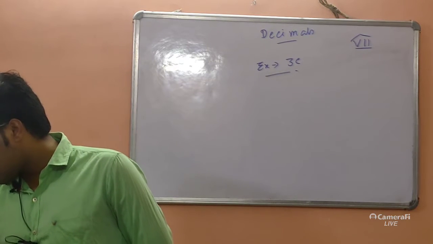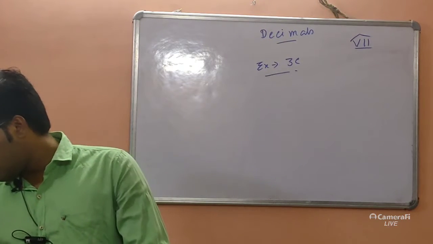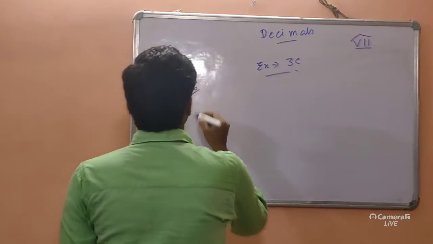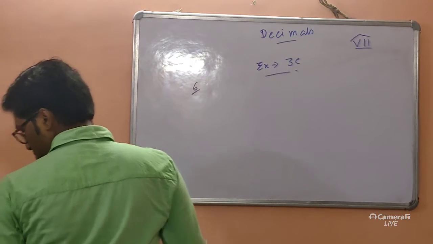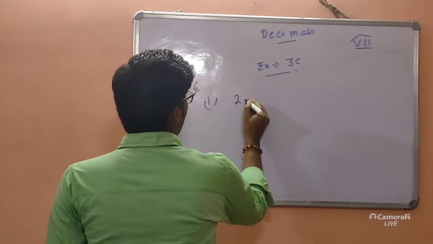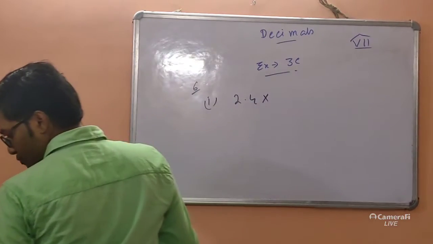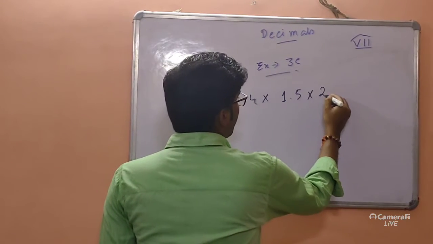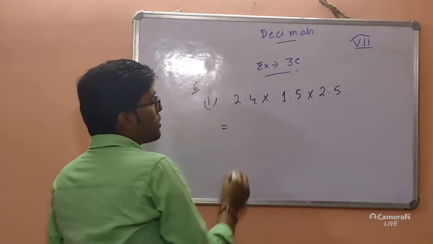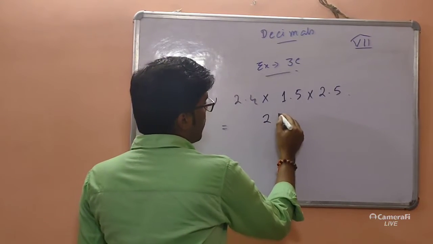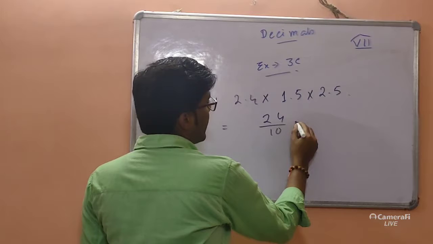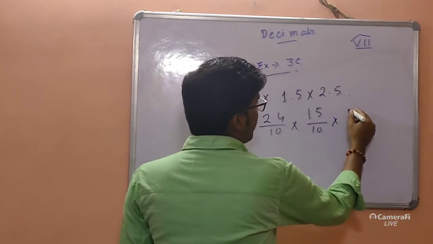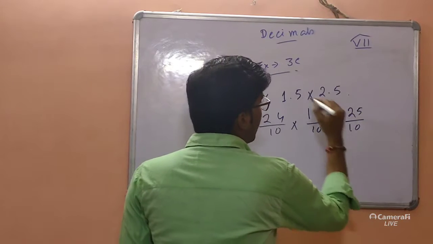Find the product. Let us do question number 2: 2.4, 1.5, 2.5. At first, 2.4 means 24 by 10, 1.5 means 15 by 10, and 2.5 means 25 by 10.